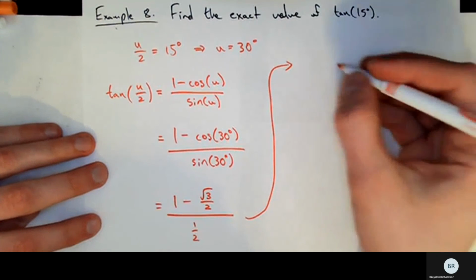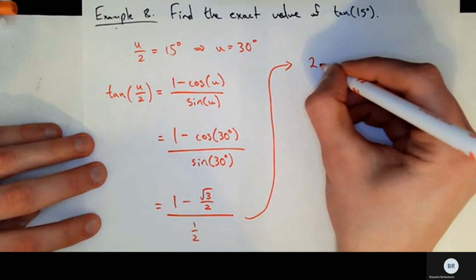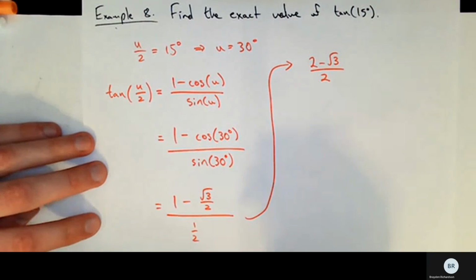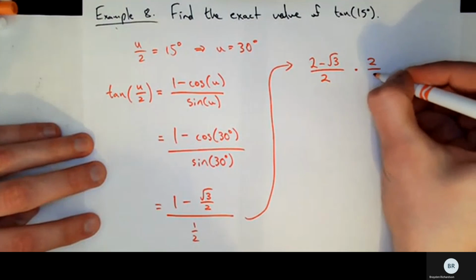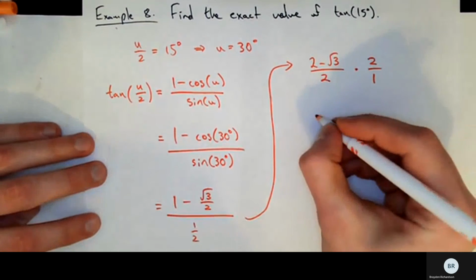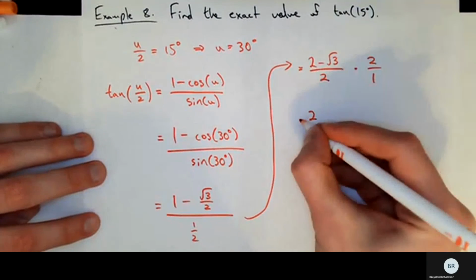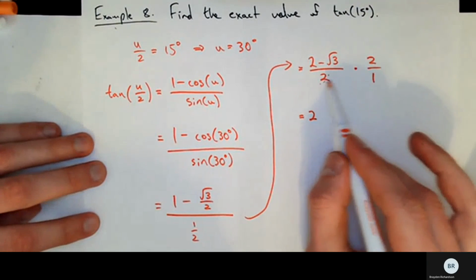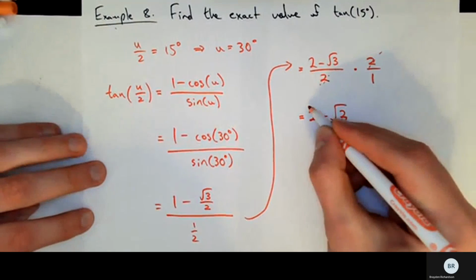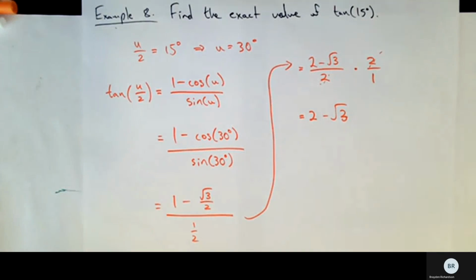So fraction arithmetic here, I'm getting 2 minus square root of 3 all over 2, just getting a common denominator in my numerator, and then I'm going to multiply by the reciprocal. Instead of dividing by 1/2, I'm multiplying by 2 over 1. I end up with these 2's canceling, so I end up with 2 minus square root of 3. That's the answer, 2 minus square root of 3.